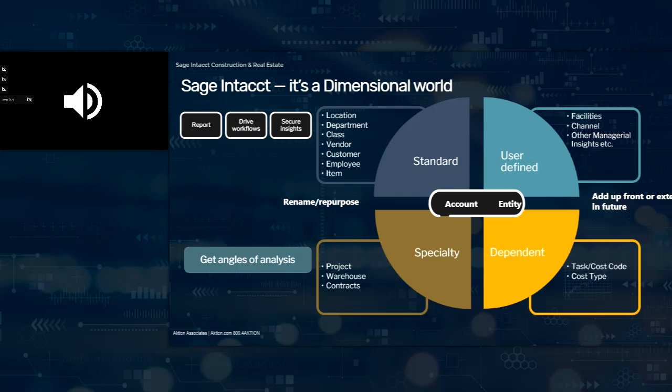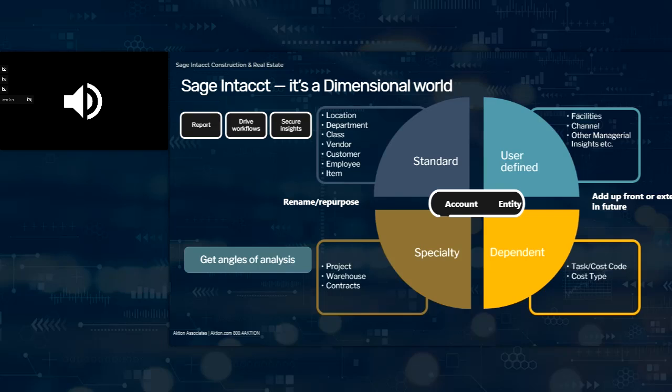One of the things we're going to talk a little bit about today is dimensions. This may be a new idea to some of you on the phone. Dimensions are the way that we actually catalog and store every single transaction in the system. It can be everything from companies and locations to divisions, the projects, the vendors, cost codes even.